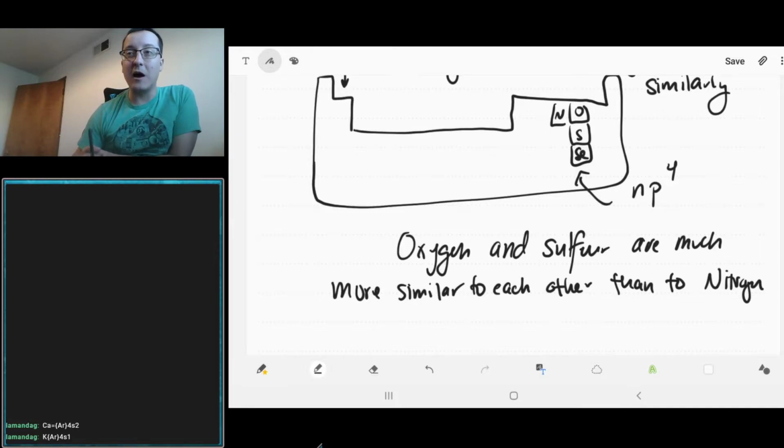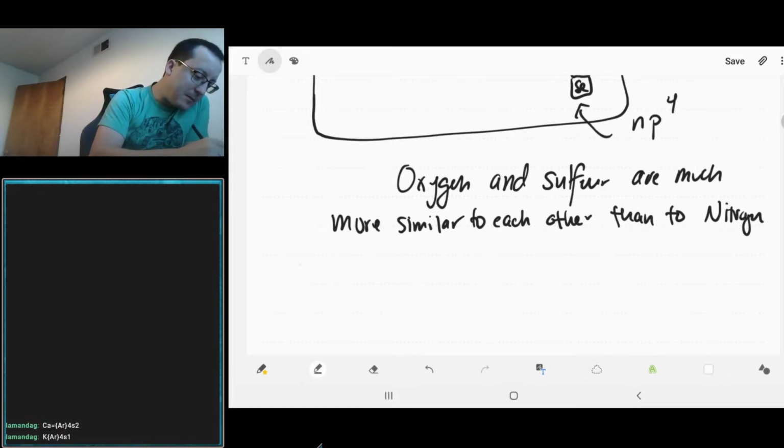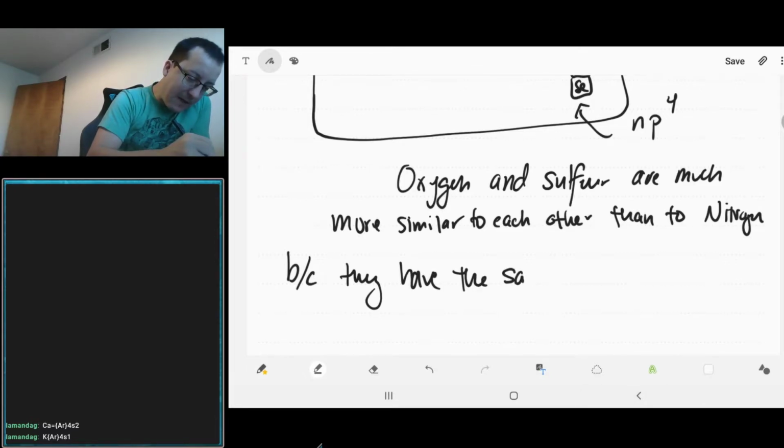And that's going to be why these things are going to behave more similarly to each other than to something that has p3, for example, like nitrogen would, or phosphorus, or whatever. So that's the reason that these things are going to be much more similar, because, I'll just write that out, they have the same number of valence electrons.